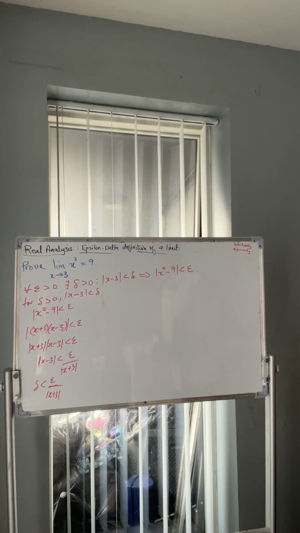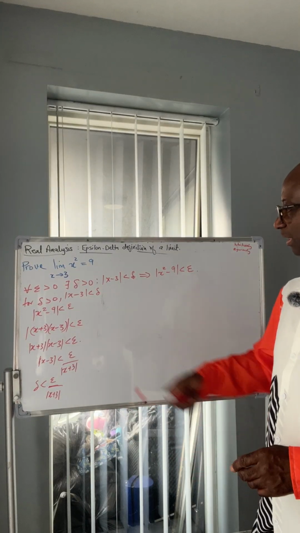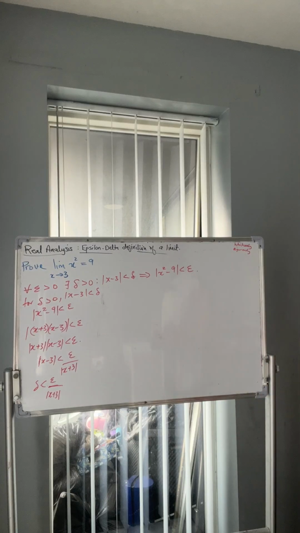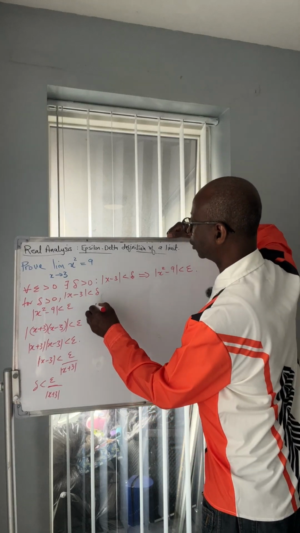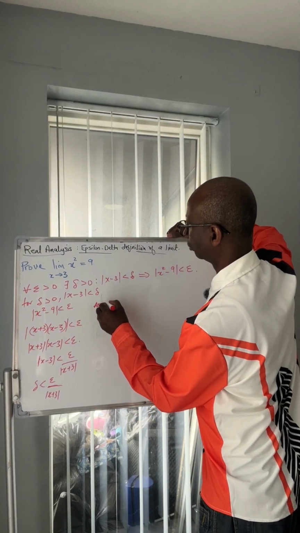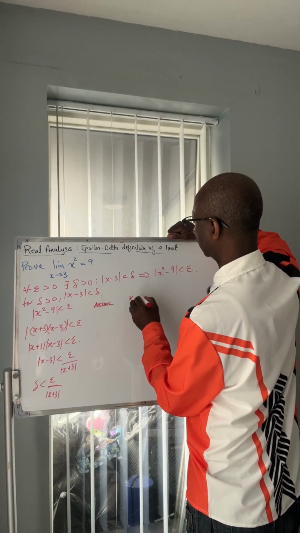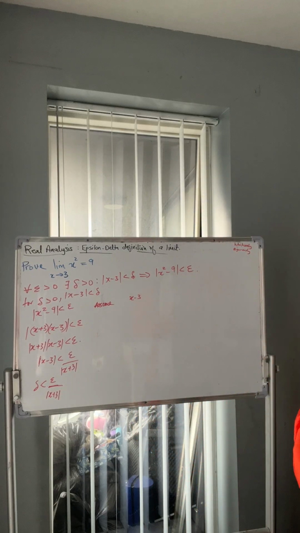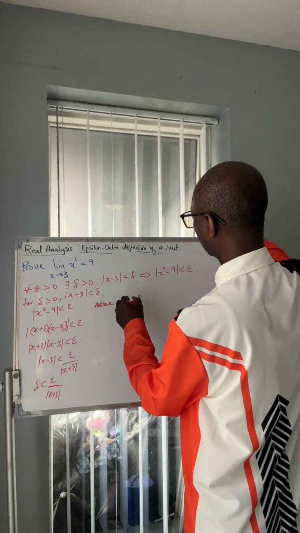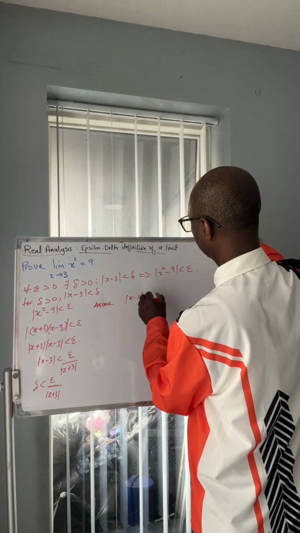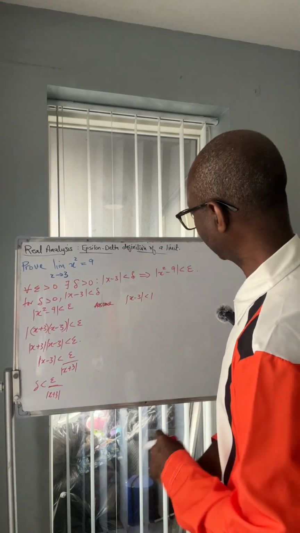Once you arrive here, what we have is x plus 3, so that is what we are looking to work out. So we assume the absolute value of x minus 3 is less than 1, before we say it's less than delta.